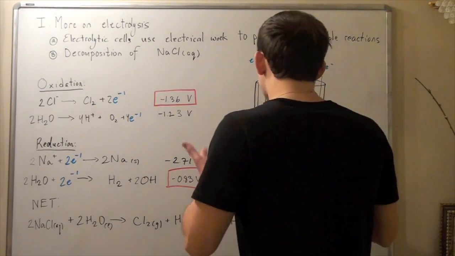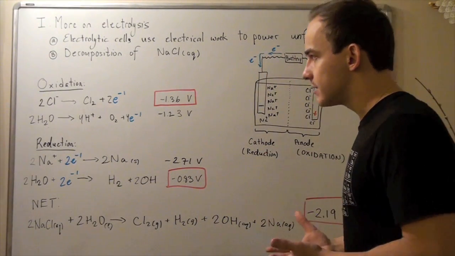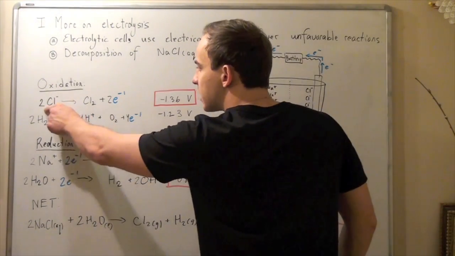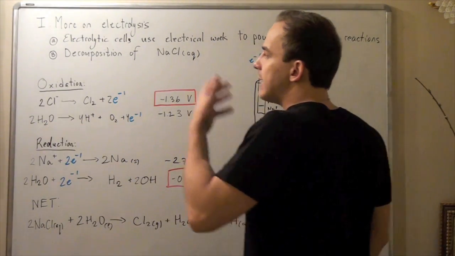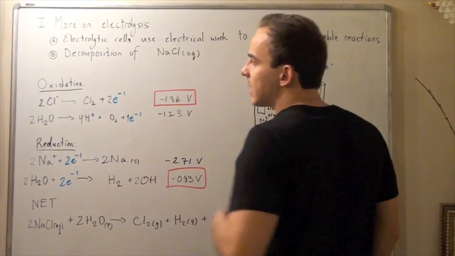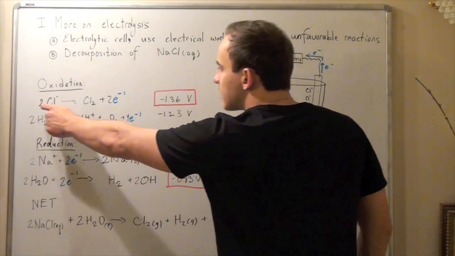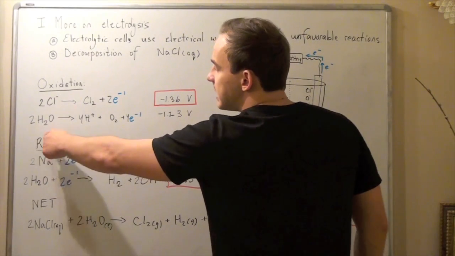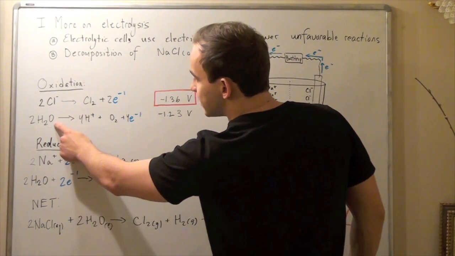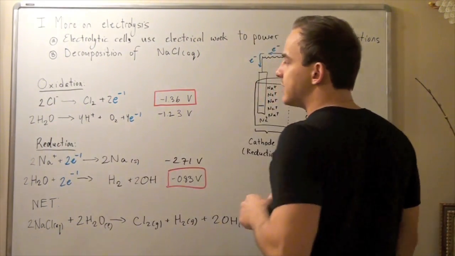So what atoms are able to oxidize? Well, the chloride ion can oxidize, and water can oxidize. Now, if the chloride decides to oxidize, this is our oxidation reaction. Now, if water decides to oxidize, namely the oxygen decides to oxidize, then this is our oxidation reaction.